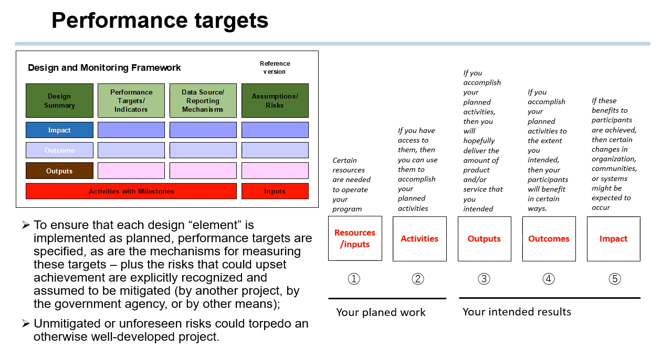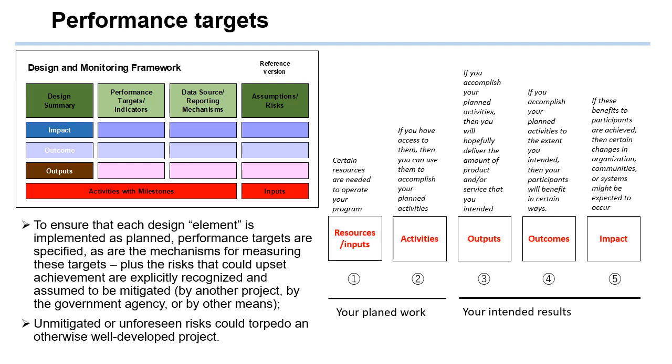So if you have those inputs, you can use them to accomplish your planned activities. These in turn lead to your intended results. Firstly, if you accomplish your planned activities, then you will hopefully deliver the amount of product or service that you intended at the end of the project.